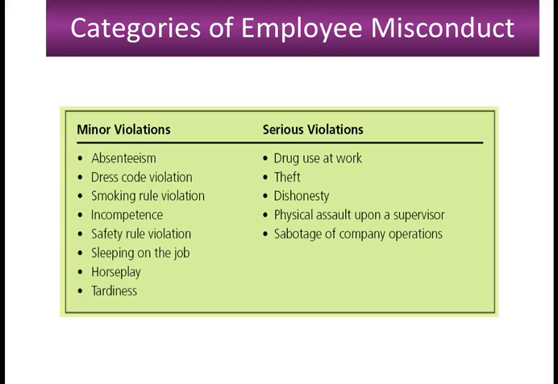Other things in the serious level would be dishonesty, physical assault, verbal assault, drug use on the job, theft, any kind of sabotage, and these are common things. Unfortunately, people do them because they're mad at their employer or they're mad at their supervisor, but nonetheless, they are levels of misconduct that need to be addressed as quickly as possible.